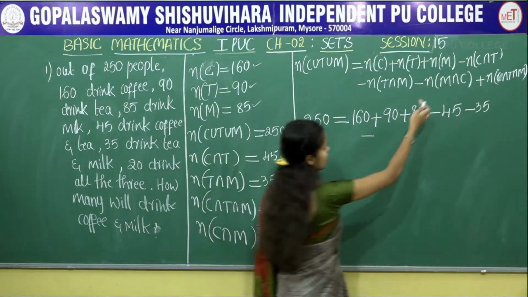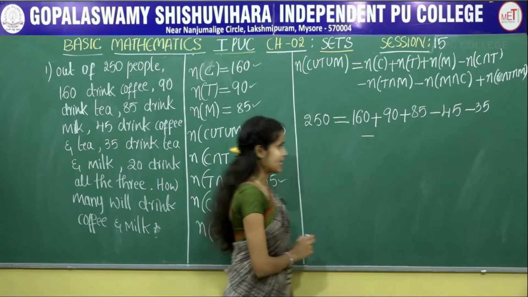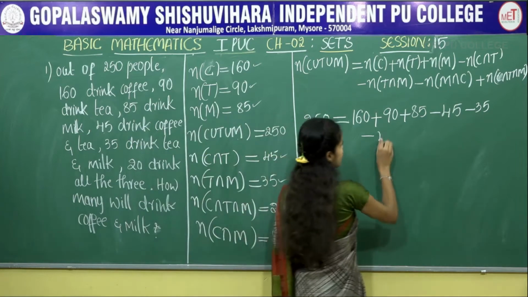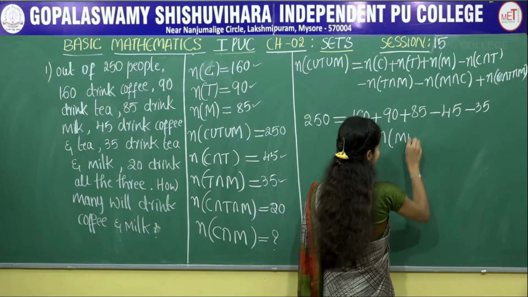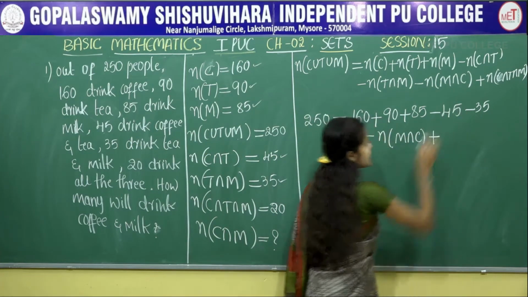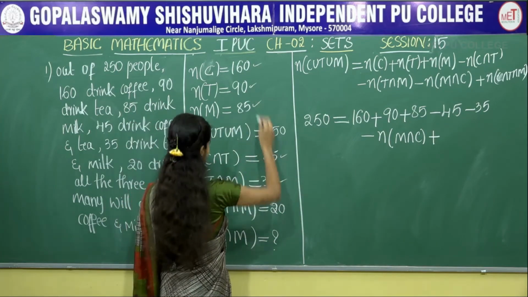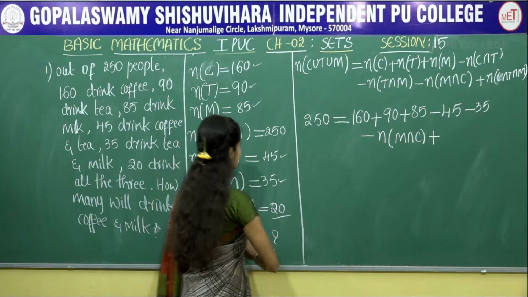Next, N of M intersection C. We want M intersection C, so write as it is, N of M intersection C, plus N of C intersection T intersection M, so that is 20.